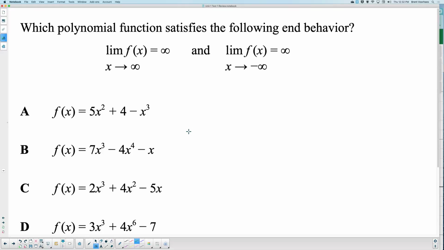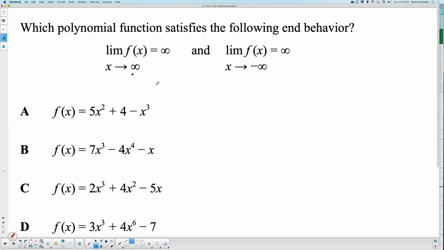All right, the next section we're going to look at is a review from last class, lesson 1-7. This is where we dealt with end behavior. Now, I want to make sure everybody's aware this limit right here, when x is going to infinity, I want you to just tell me left or right. What direction is this? Right.